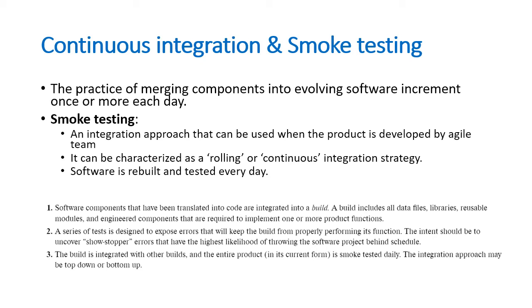A series of tests is designed to expose errors that will keep the build from properly performing its functions. The intent is to uncover showstopper errors that have the highest likelihood of throwing the software project behind schedule. So the build is integrated with other builds, and the entire product in its current form is smoke tested daily.